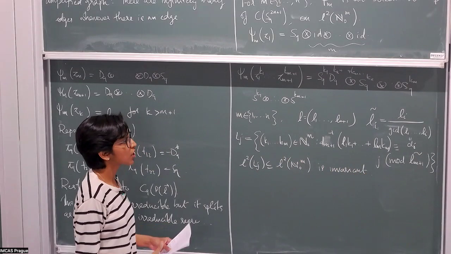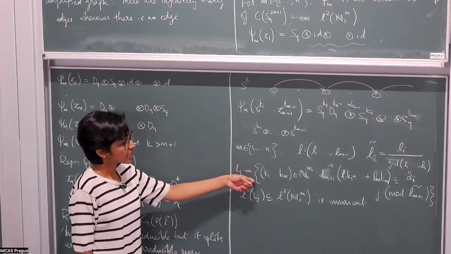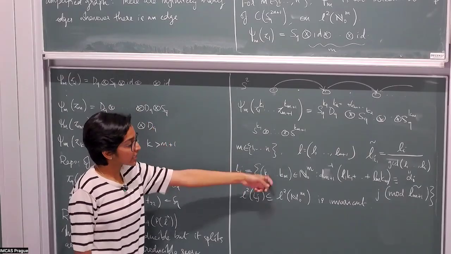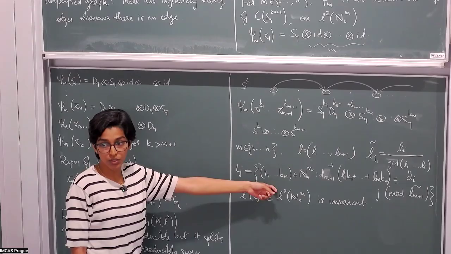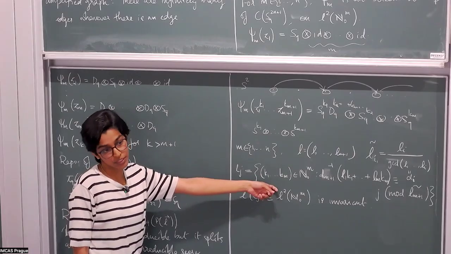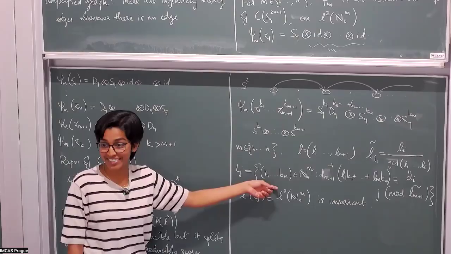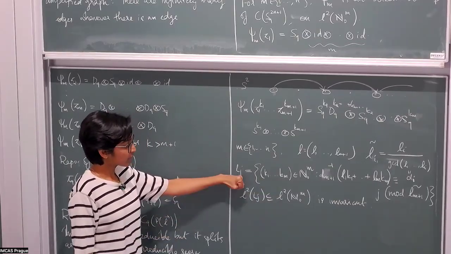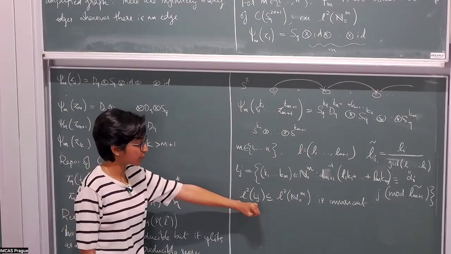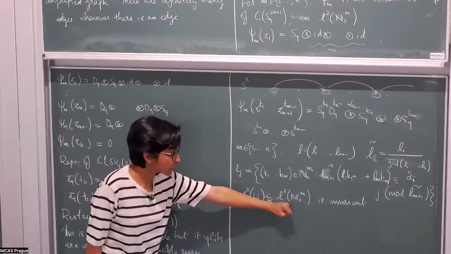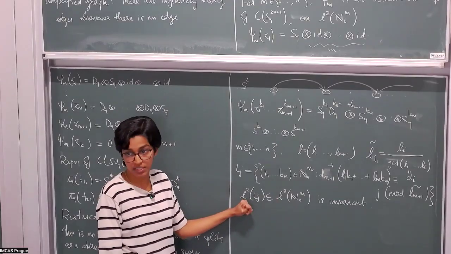So I'm not sure how much information you can get from this, but you can again think of them as cyclic subspaces. I think that would be a good way to think about it, and this is a way to write it down. Maybe not a very good one, but it is a way to write it down. So what happens is that if you look at L2 of Lj, sitting inside L2 of n0 to the m, this is going to give me an invariant subspace.